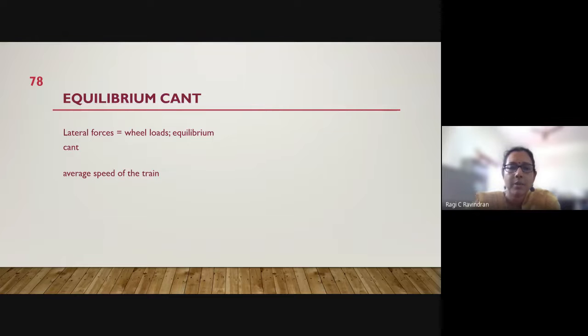In a couple of slides before, you have seen that many lateral forces are acting on our train. Whenever these lateral forces balance with the vertical loads, at that point you can say that the CANT provided is the equilibrium CANT.